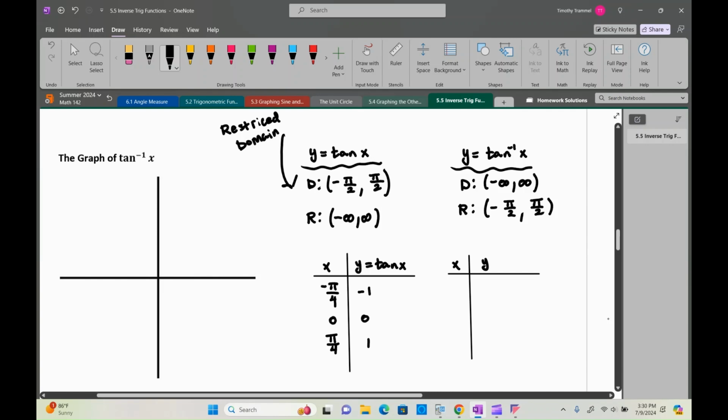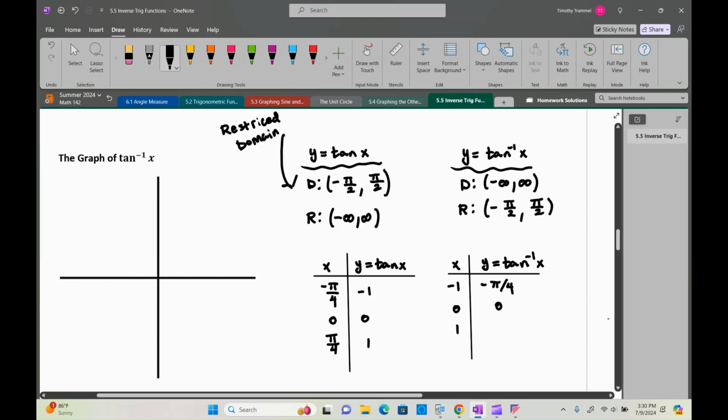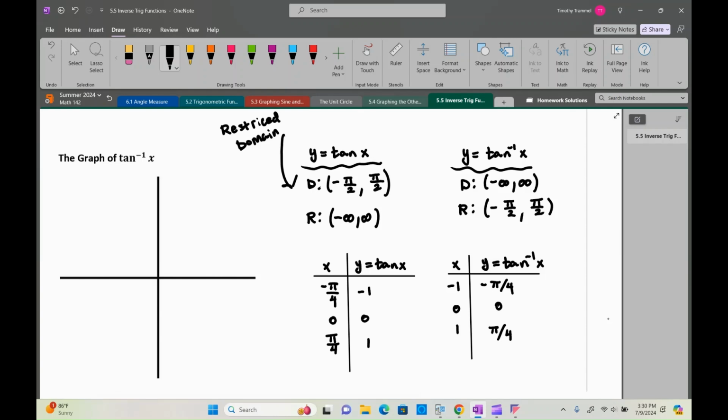And so when I go to write in my inverse tangent here, I now am again just going to switch the domains and ranges here, or just switch the x's and the y's, I suppose, in this case. So if I want to sketch at least those points, in the x direction, I need to go minus 1 to 1.